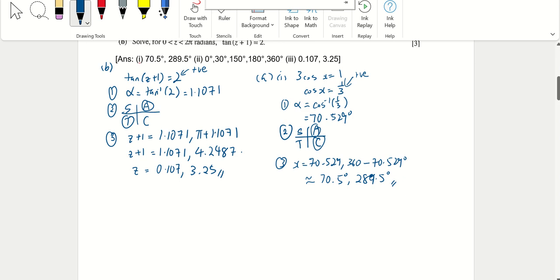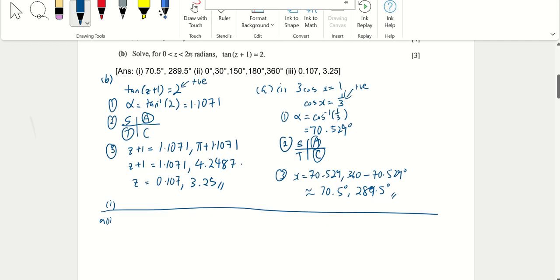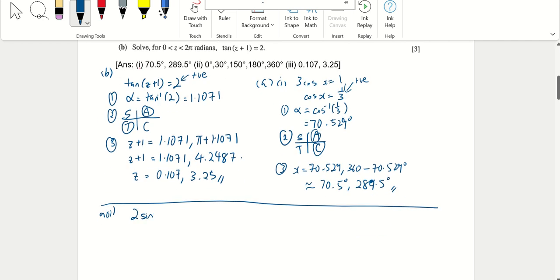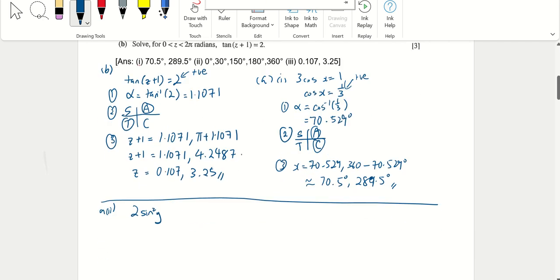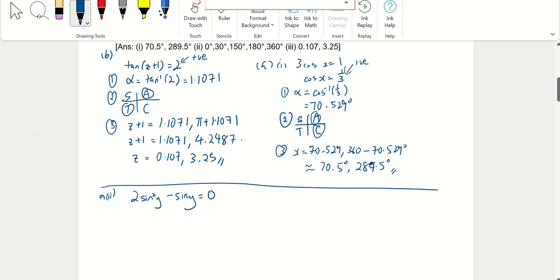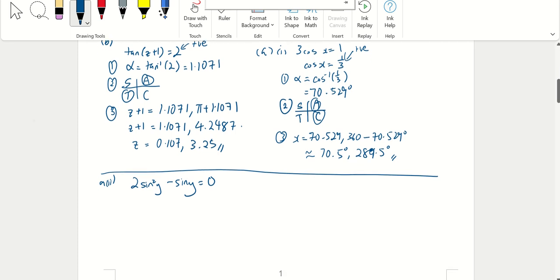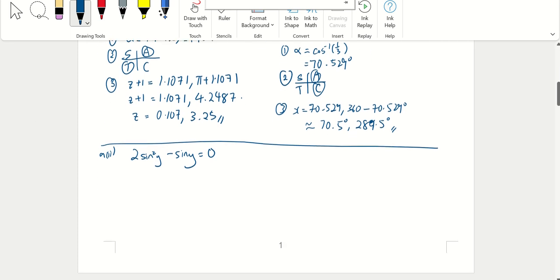Okay, let's look at A part 2, where you need to solve 2 sine square y minus sine y equals 0. How do we solve this equation? What you can do is let sine y equal x.